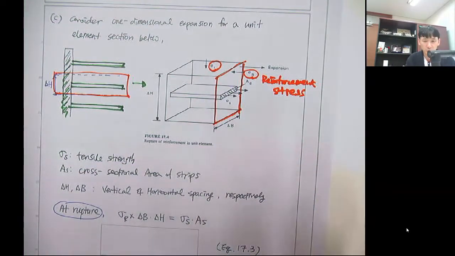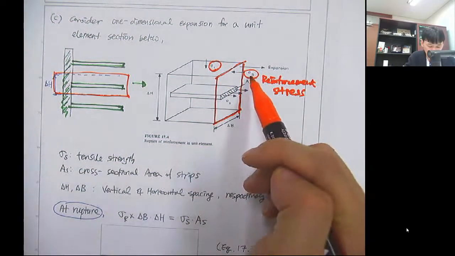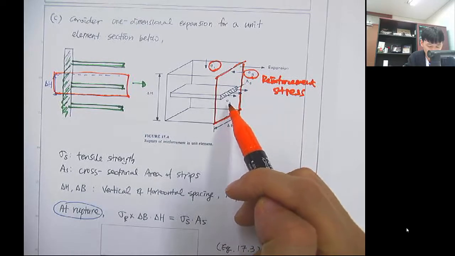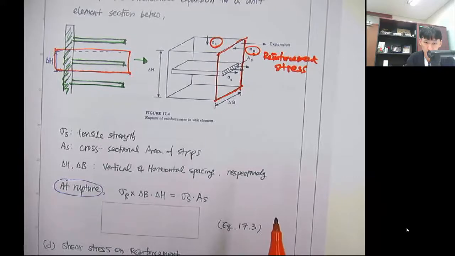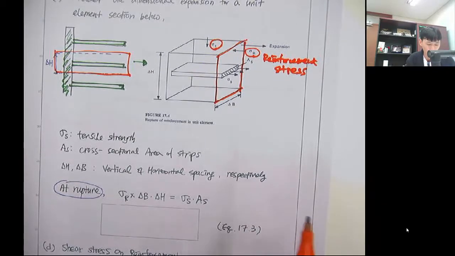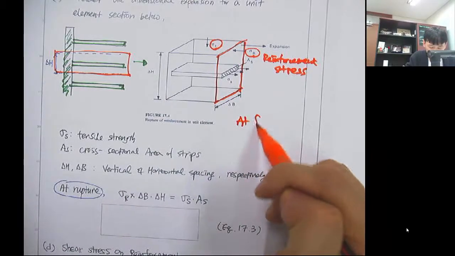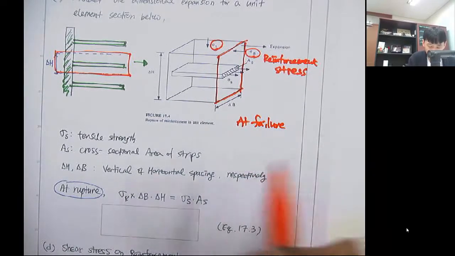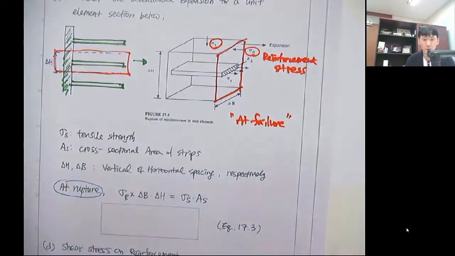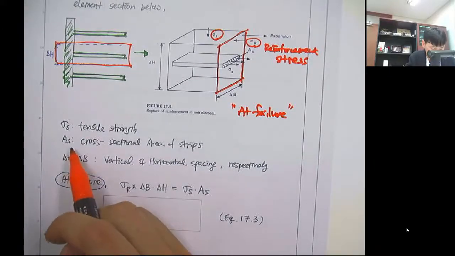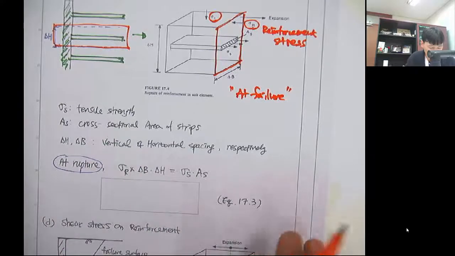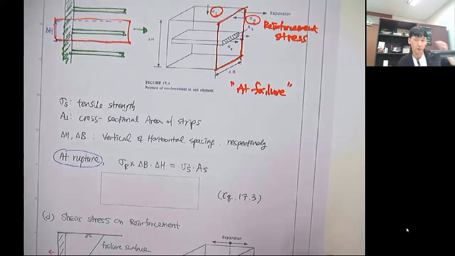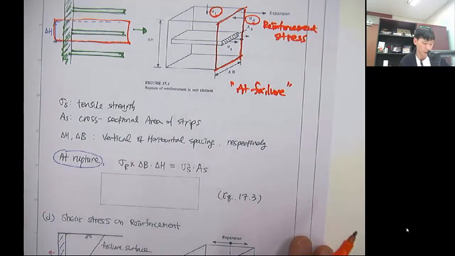Right? So the force equilibrium is balanced between the sigma r and the sigma s, and sigma s is the tensile strength of the material. So we're thinking at failure condition. So here the AS is the cross-sectional area of the strip, and delta H and delta B are the vertical and horizontal spacing of this strip, respectively.